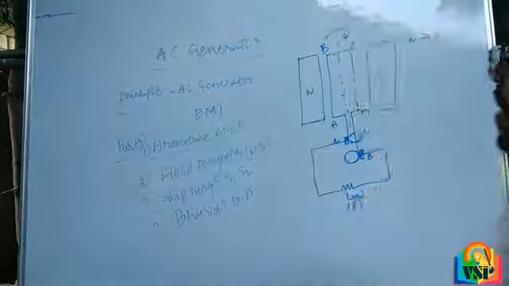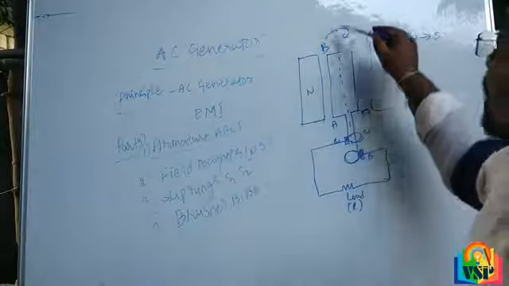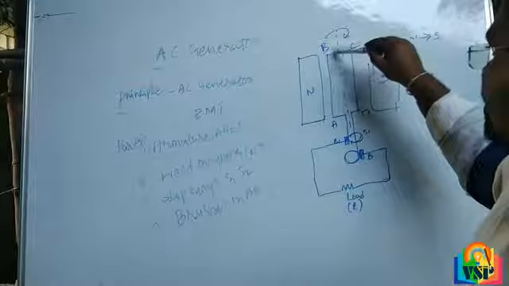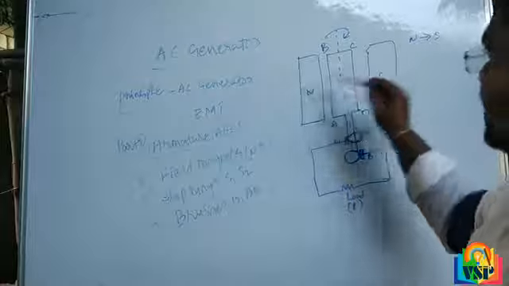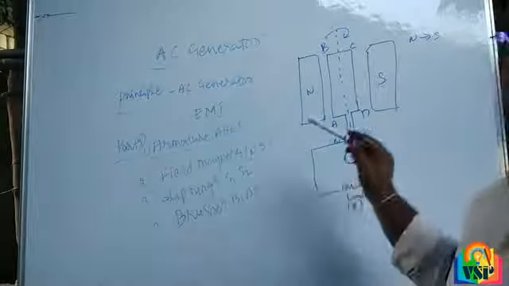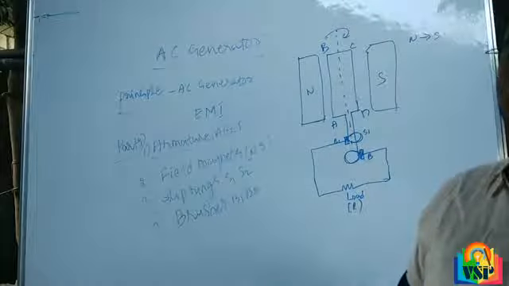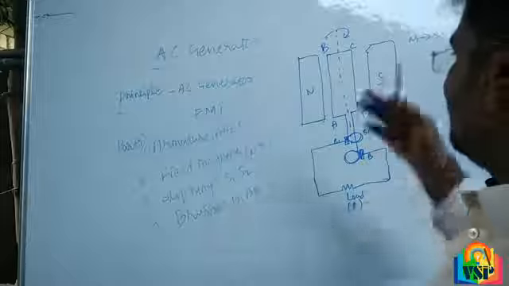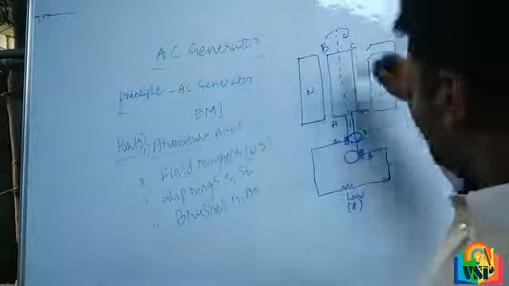So based on the rotation, this ABCD coil will rotate. The magnetic field is constant here. The flux linked with the coil changes because the coil is continuously rotating. Due to that, an induced current develops in the coil.